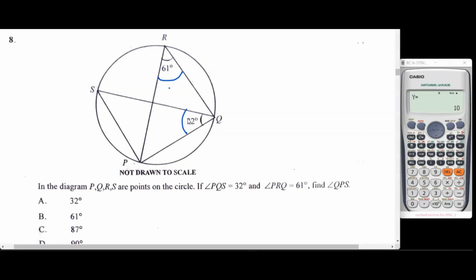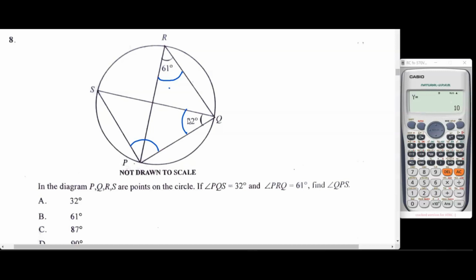Now it says that we should find QPS. Where is Q? So Q is here, P is here, and S is there. We are simply looking for this angle. In order to get that angle, if you've gone through my circle theorem lesson, you realize that you have properties like the bow tie property.